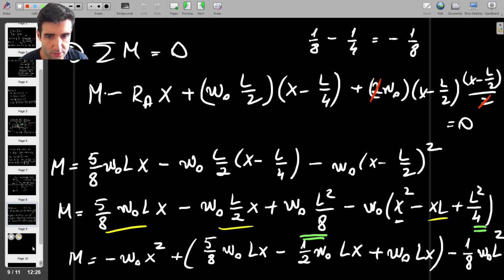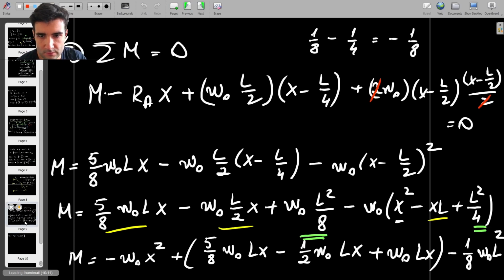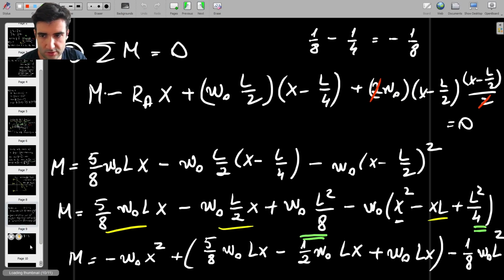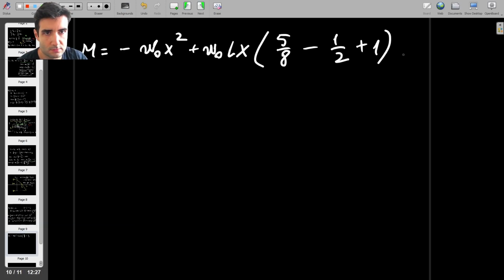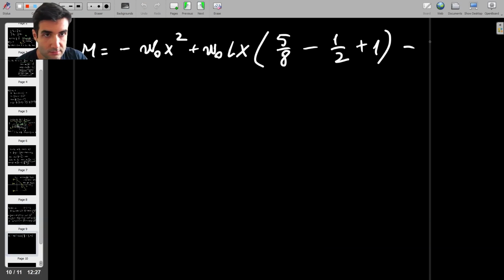With this one, just to see what's happening, I'll factorize W naught L and X. In the brackets, we're going to have 5 over 8 minus a half, and then plus 1. And then this is, again, minus 1 over 8 W naught L squared.